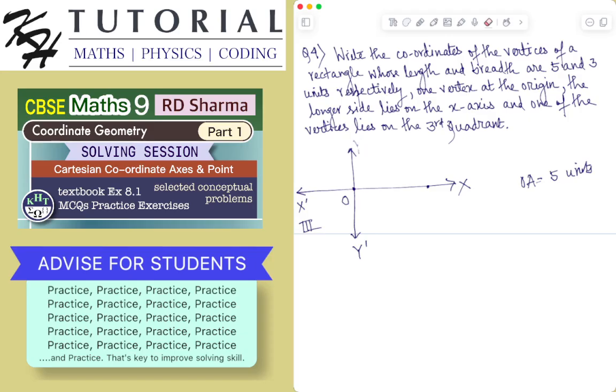Let me draw the y-axis again so that I have space. Let's say this is the y-axis, this is the origin, okay, and the point A has to be over here.